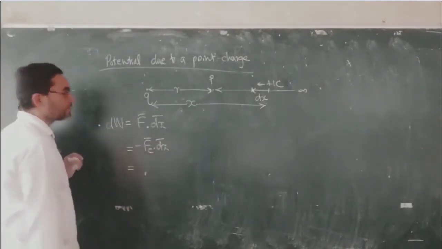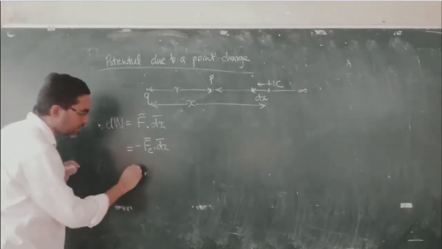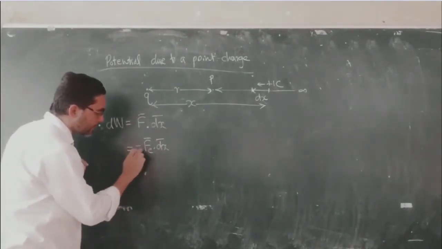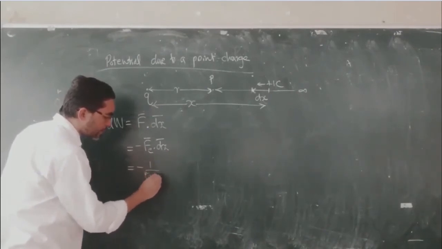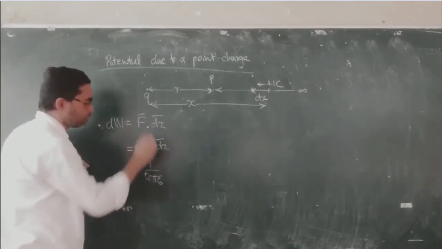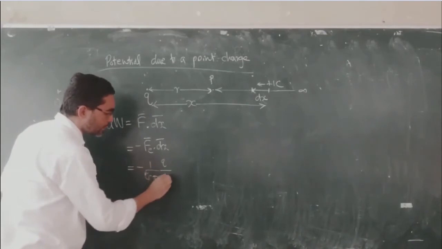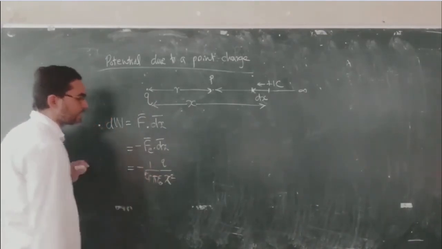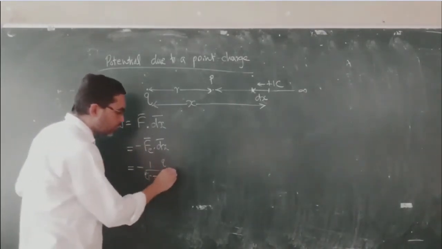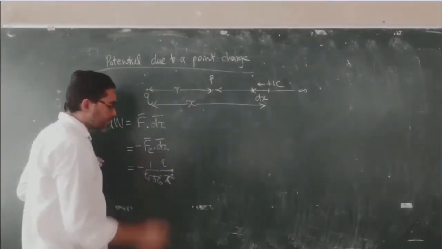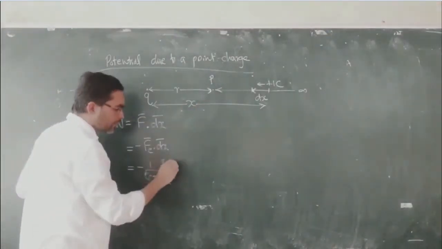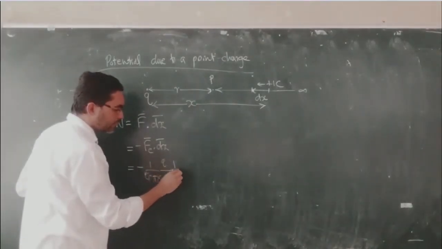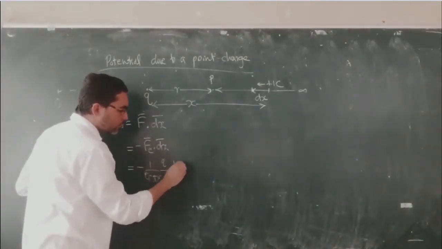Now what is the electric force on that +1 coulomb charge? Already there is a minus. Electric force is the electric field, 1/4 pi epsilon 0 q by x square, from F is equal to QE. Now the charge is +1, so into 1 into x cap.